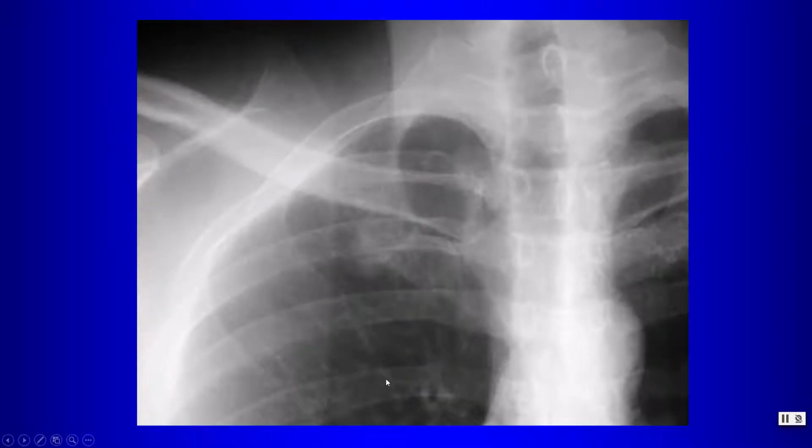Here's another common problem. We see this nodular opacity overlying the anterior margin of the first rib. This is called a student's tumor. This represents some costochondral calcification, and it tends to occur right at the costochondral junction of the anterior first rib.